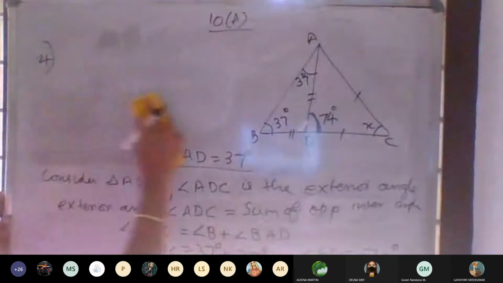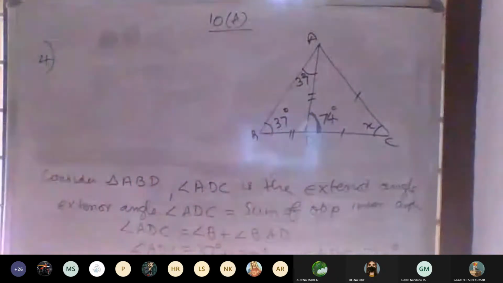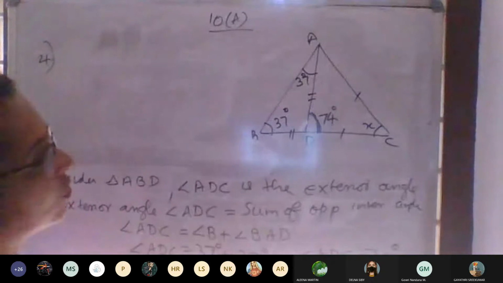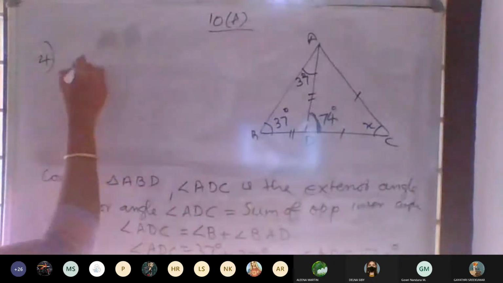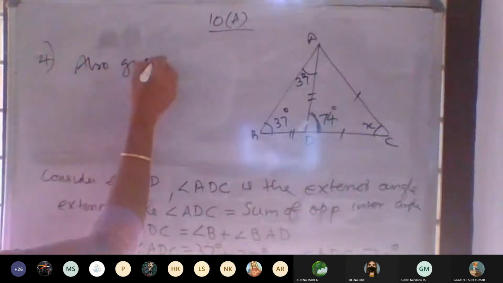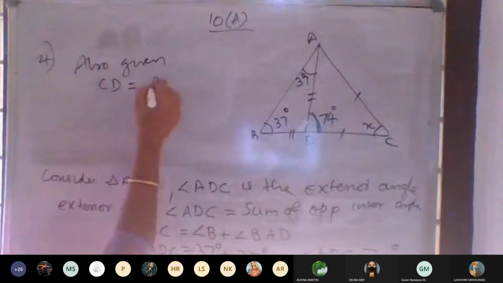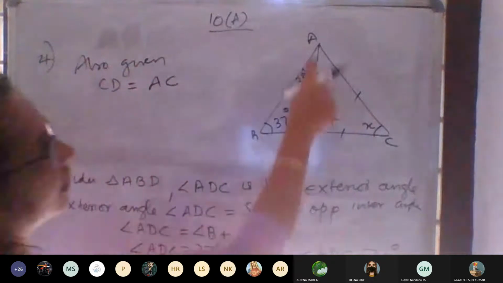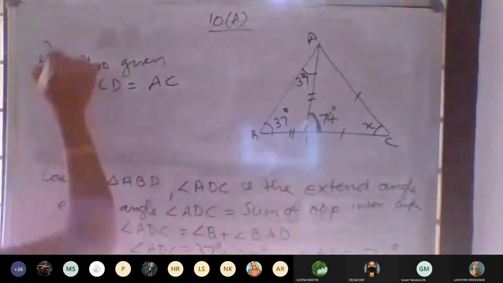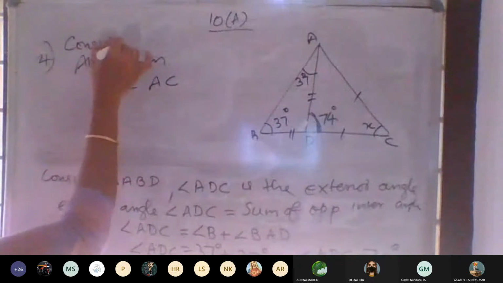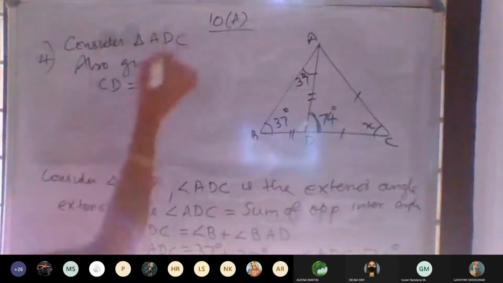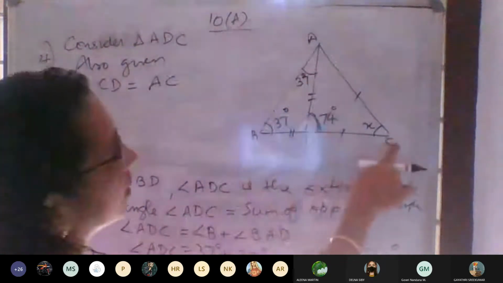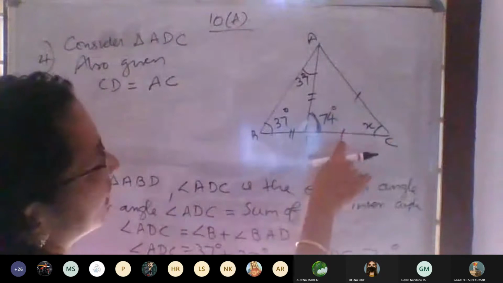Any doubt up to this? Got it? Also given, CD is equal to AC. If we consider triangle ADC, two sides are given.